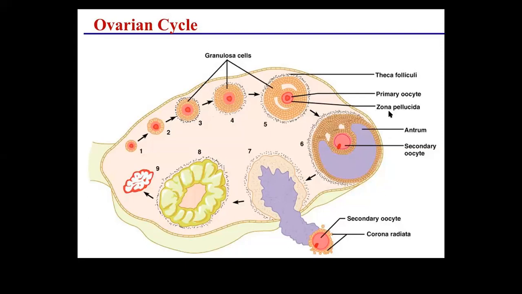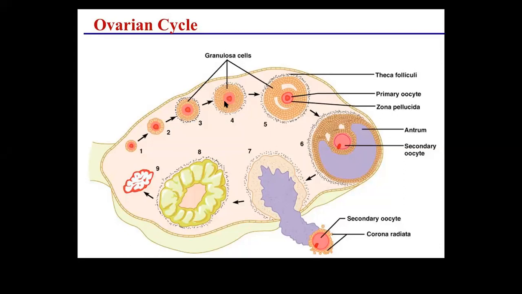It is called the zona pellucida, a very important structure. A short note question can be asked here. What is the zona pellucida? It is a protein coat which is secreted both by the granulosa cells as well as the oocyte.